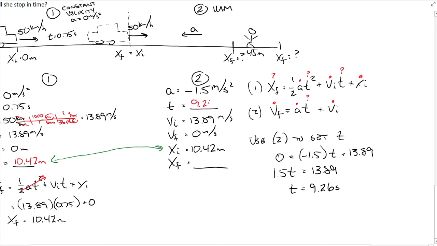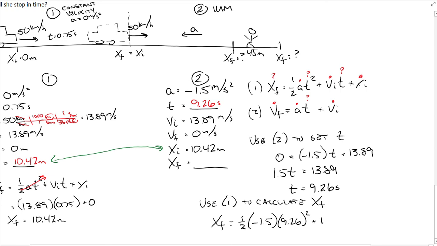So I know 9.26 seconds. And now I can use equation 1 to calculate x final. And so x final is going to be 1/2 of negative 1.5 times my time, 9.26, squared, plus my initial velocity, 13.89 times 9.26, plus my initial position, the 10.42 meters.